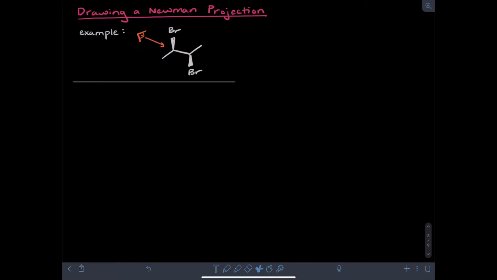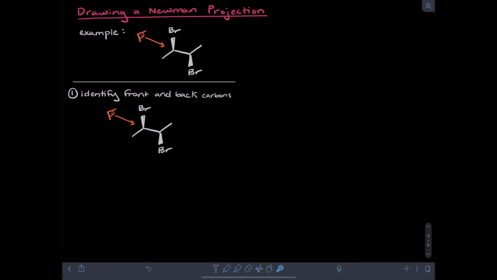I want to show you some tricks for drawing a Newman projection. In order to draw a Newman projection, you need to choose a perspective. This is denoted as an eyeball looking down one of your carbon-carbon bonds. The first thing to do is identify your front and back carbons. This is from the perspective of the eyeball.